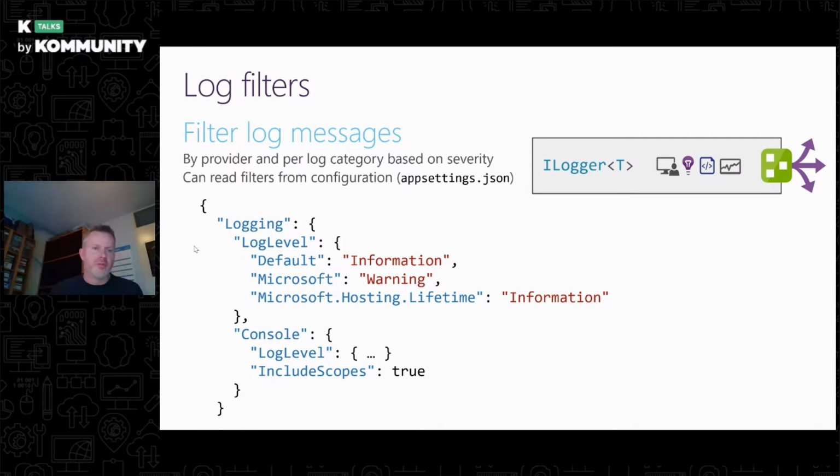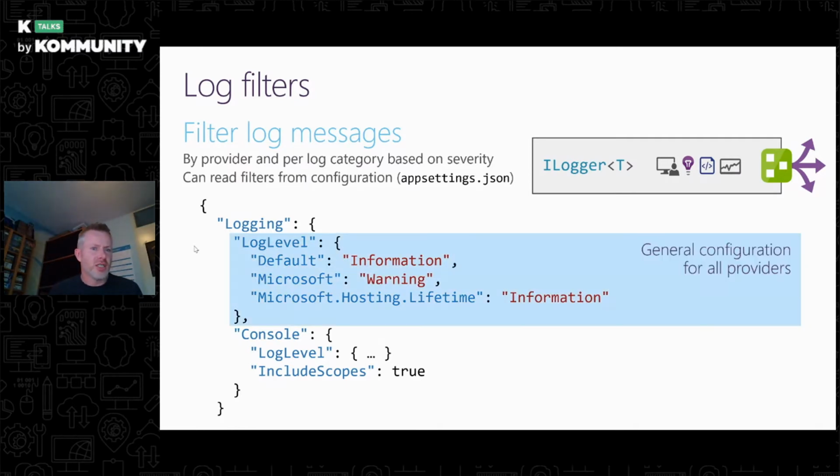Now, this is a part of the app settings JSON. This is the generic part, that's without regard of the specific provider. And you see that for various categories we are specifying different levels. So the default is information. But if it's a log inside of the category of Microsoft, we want warning.